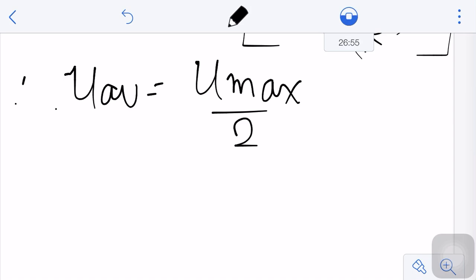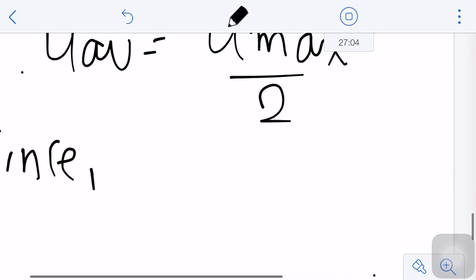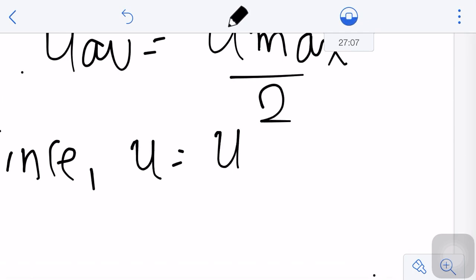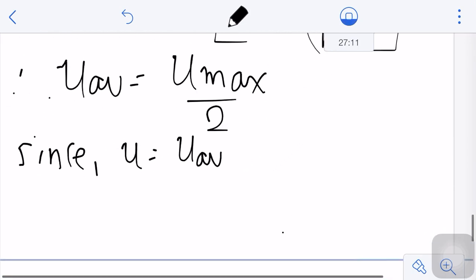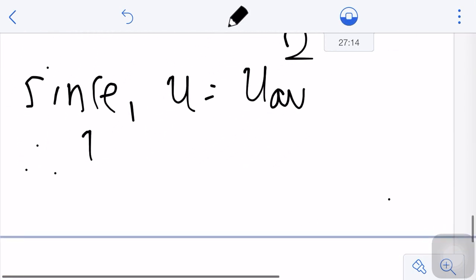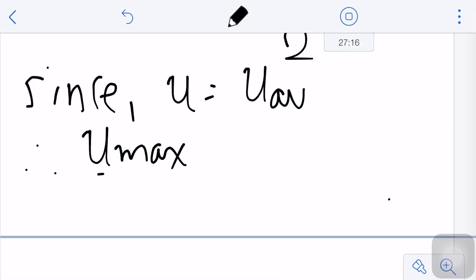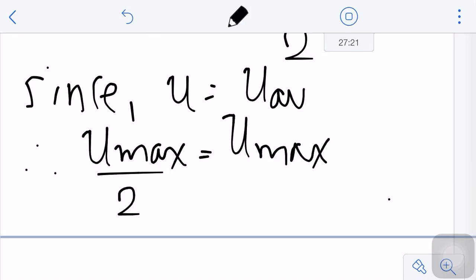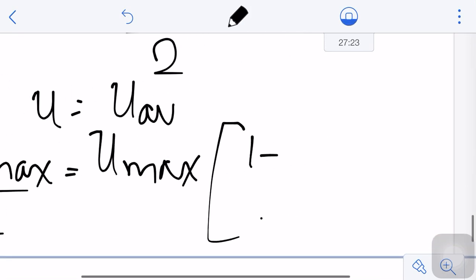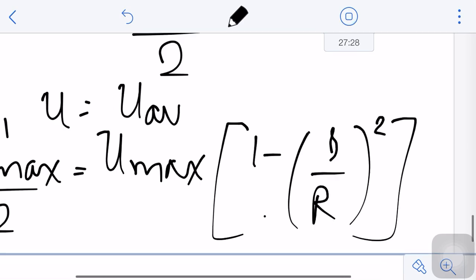Since we just wanted to find out where this local velocity will become equal to the average velocity, we can write it this way: since we are going to make u the average velocity, this equation can be further written as u max by 2 is equal to u max into bracket 1 minus bracket small r upon capital R whole square bracket close.